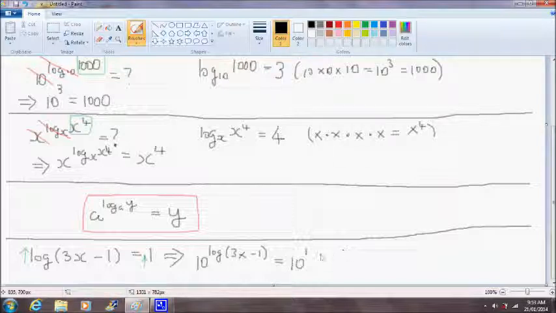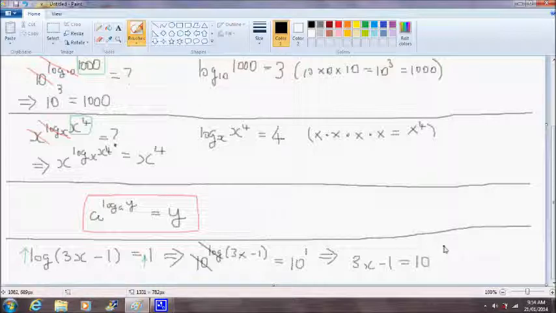Now, manipulating this equation further, I see that these can cancel out, so I'm left with 3x minus 1 on the left hand side, and that equals still 10 to the 1. Well, 10 to the 1 is just equal to 10, so I can erase this index here.